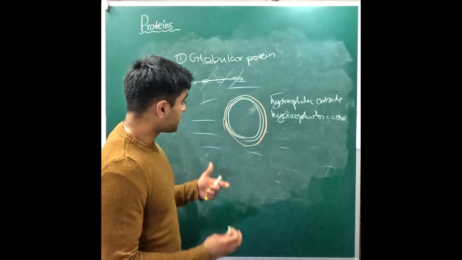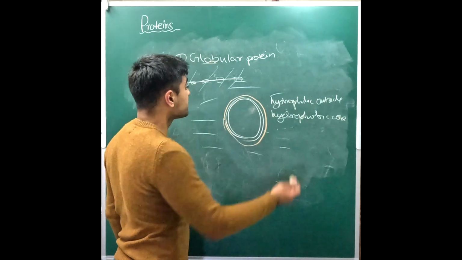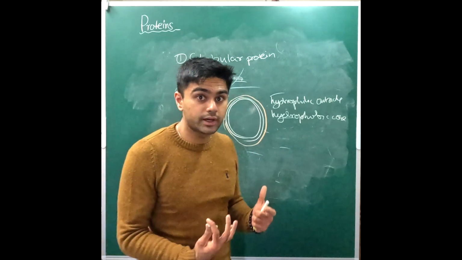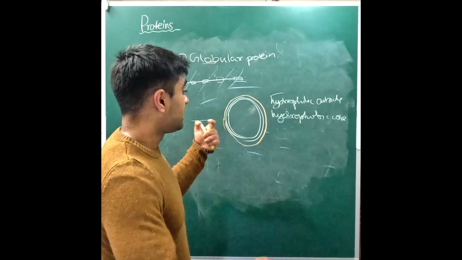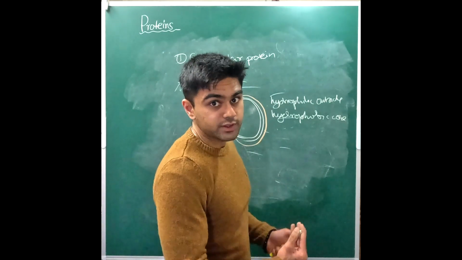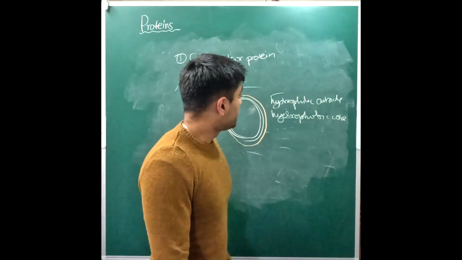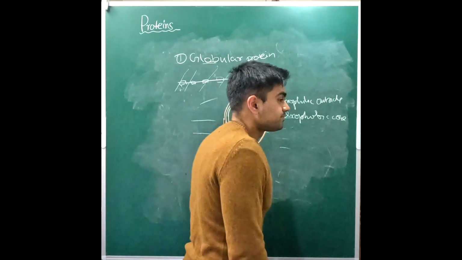Now, why is this important and why is this useful in biology? If you've got something that's water-loving on the outside, this means that this protein is soluble in an aqueous environment. That means it can be carried in aqueous environments, like inside of a cell, or, for example, in the bloodstream. That's essentially all a globular protein is.